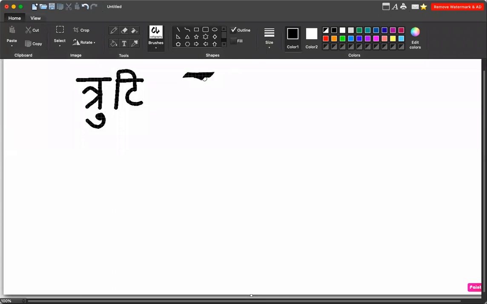We have two more words, Dravid or Buddha, and Ayurveda. So this is your tra. Again, as I said, a very small indicative line, since we have both r and u being adjusted here.